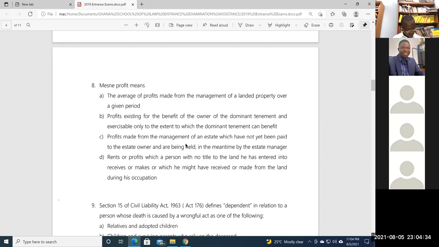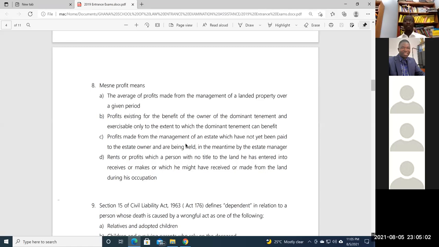Okay. So mesne profits, if you look at Black's Law Dictionary, this is what is provided there: occupying a middle position, intermediate or intervening, especially in time. But we're interested in mesne profits.